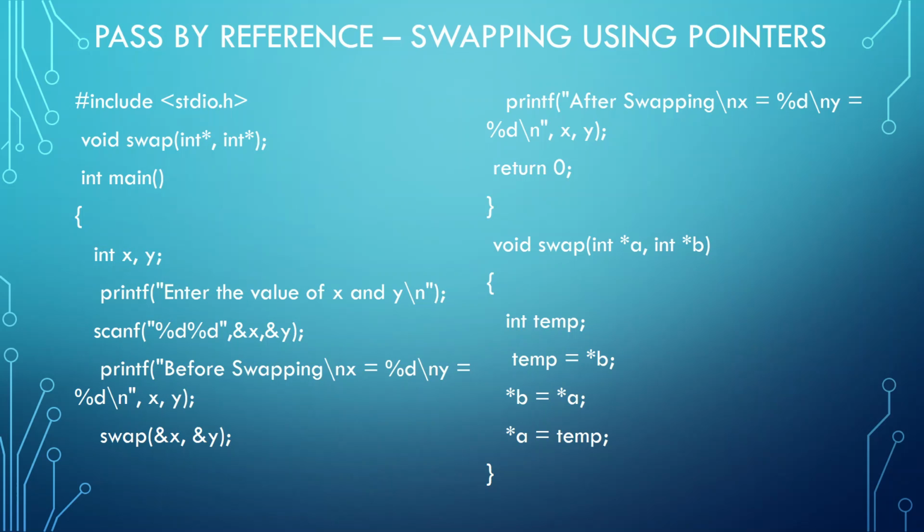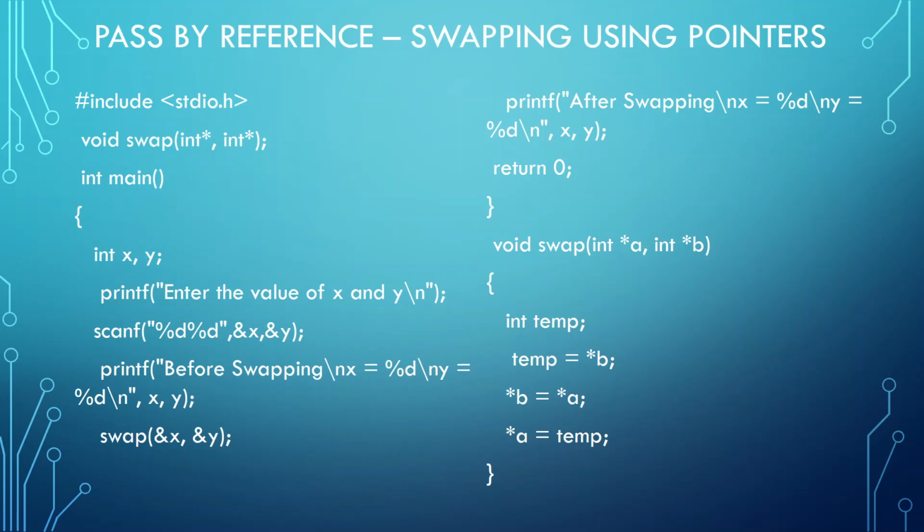Now x is pointing to the location where you initially had y, and y is pointing to the location where you initially had x. This is what I said before: whatever changes happen in the formal argument will be reflected inside the actual argument.